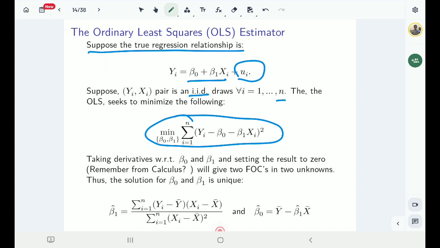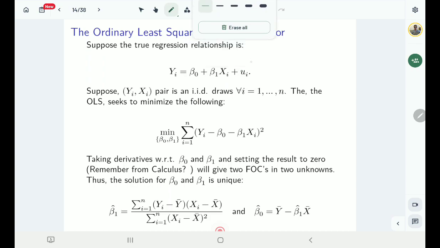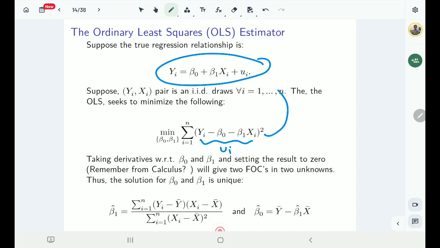We are trying to choose beta 0 and beta 1 in such a way that this sum of squared errors is minimized. Be careful: by definition, this function is nothing but the sum of squared error terms, because ui itself, by this relationship, is yi minus beta 0 minus beta 1 xi.